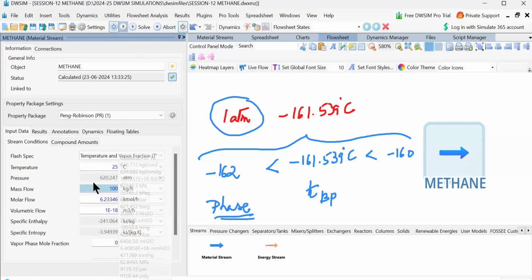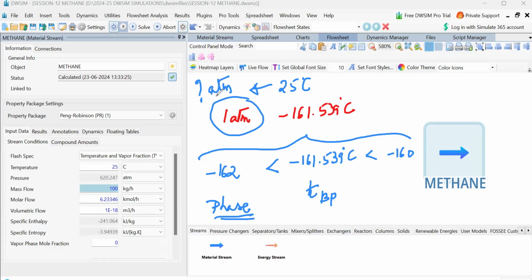Now at this particular condition, the temperature is constant, 25 degrees centigrade. I want to see at what pressure I have to operate so that it will be in the liquid state. But I don't know whether to operate hydrogen in liquid state, is it good? Oh, sorry, methane. Whether it is good or not, that is later part.